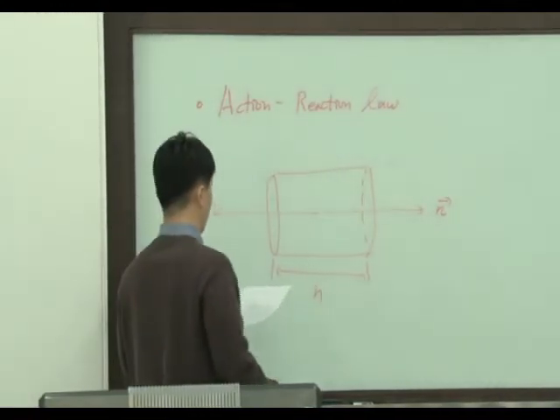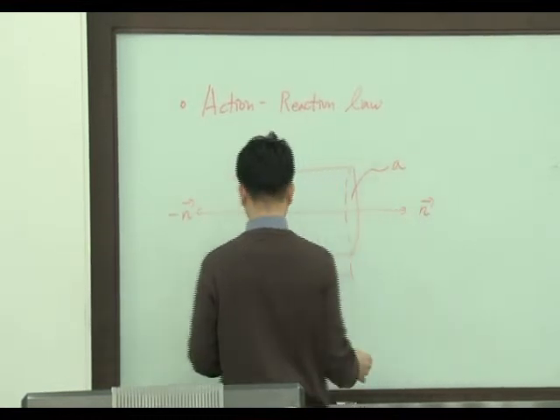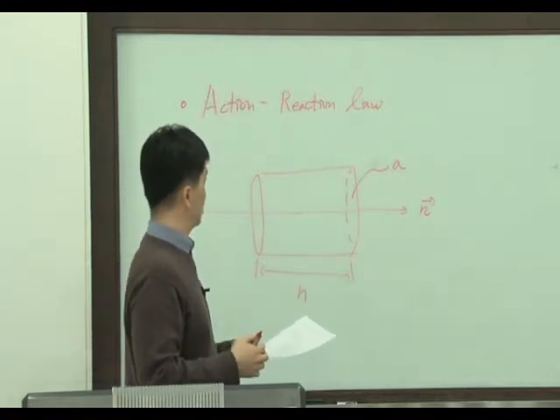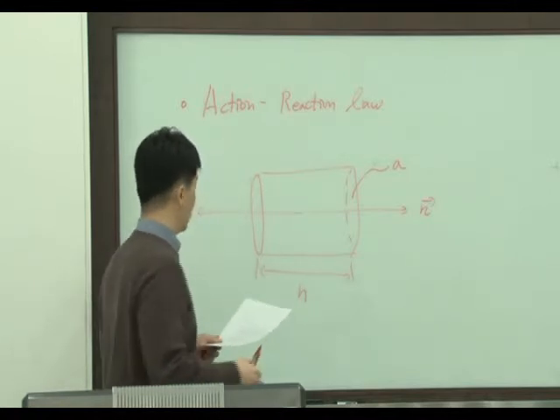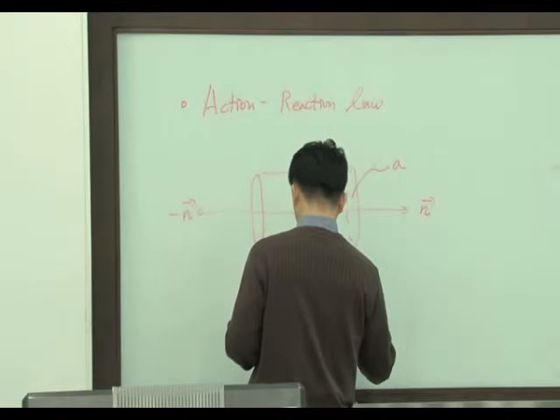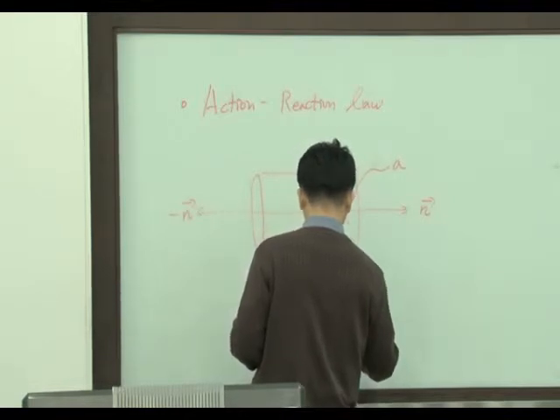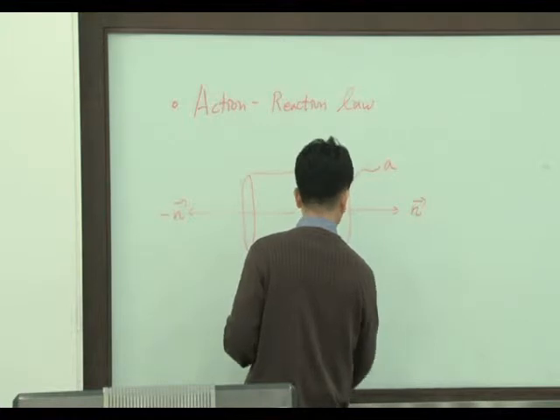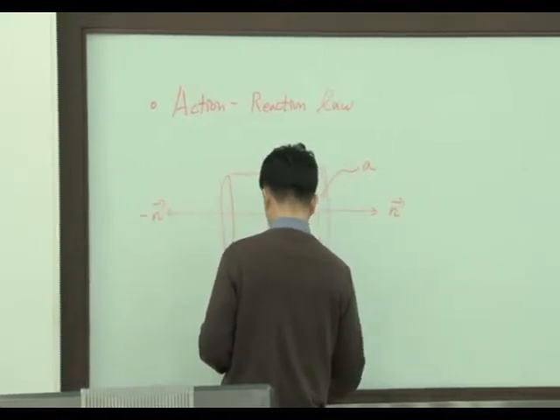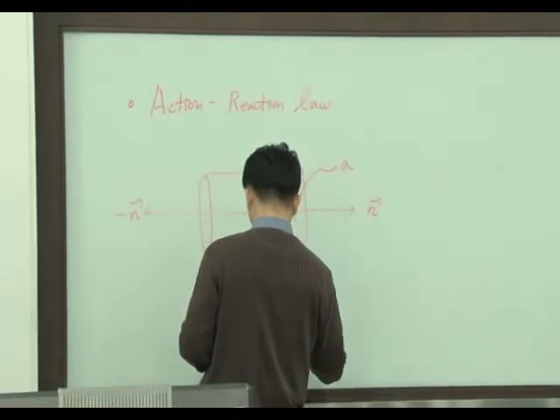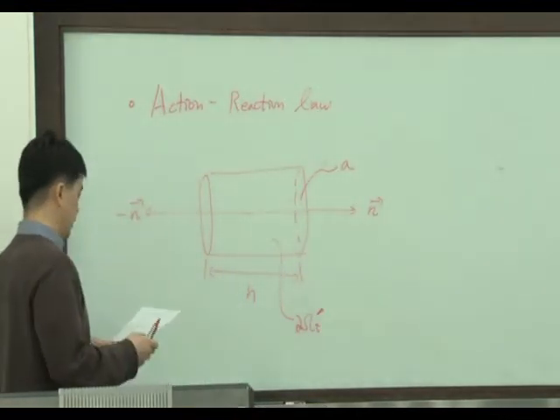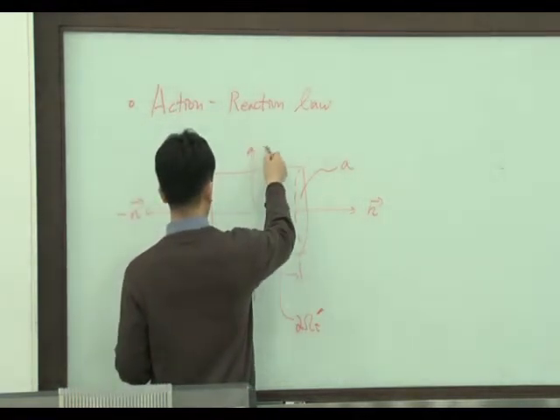Okay, and let's say the area of that circular panel is A, and here the cylinder side is, let's say, partial omega t, and this is the R direction, e_R direction.